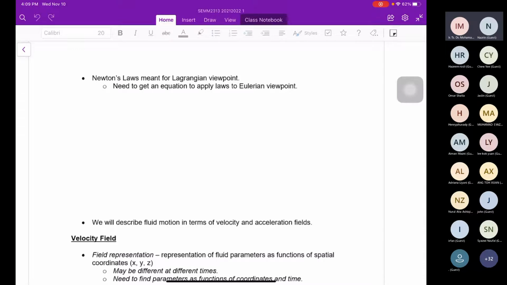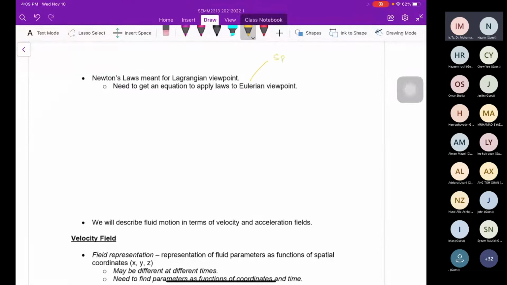Remember, the Eulerian viewpoint is a function of both space and time. Space means x, y, and z, plus time. You need to monitor in terms of two things, space and time.